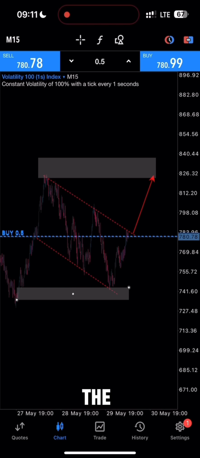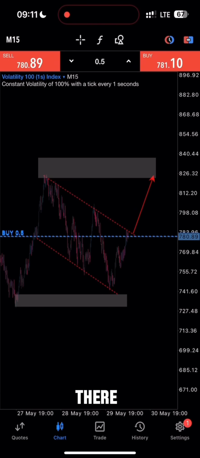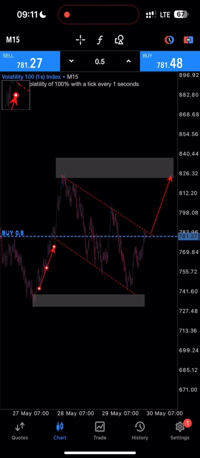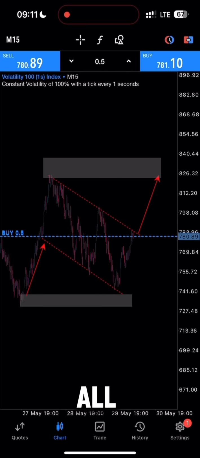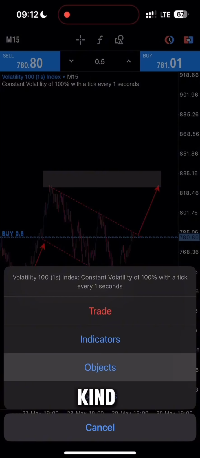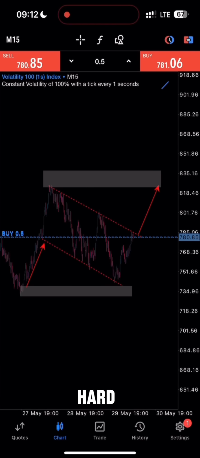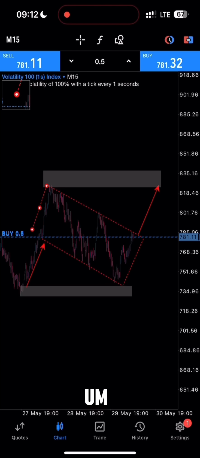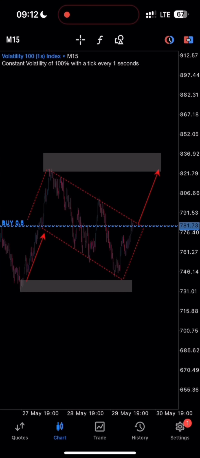If you see the second entry there, you see the first leg there, then the second leg there, they are all equal. And I've measured the distance using those gray spaces. It's kind of direct. This shouldn't be hard for anyone. You just watch the video, copy everything, put your lots, and get rich there.